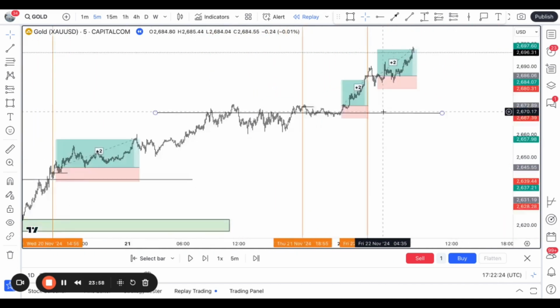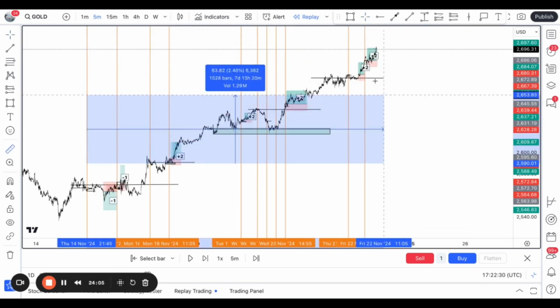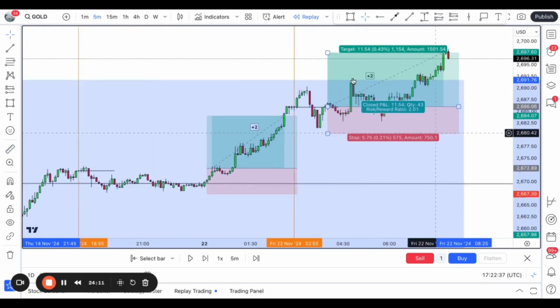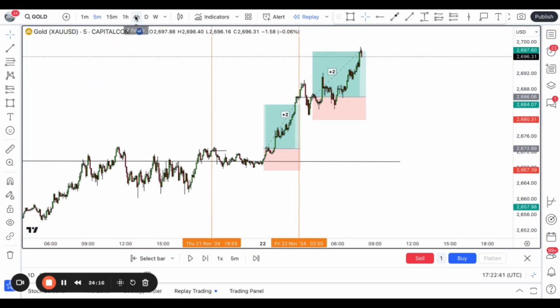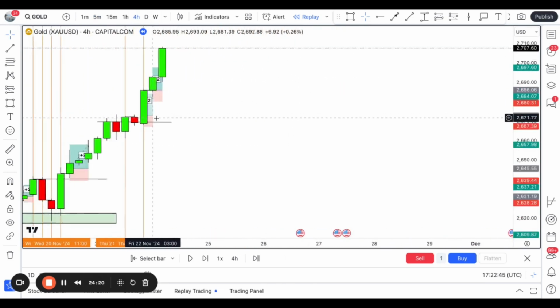Now, you could have passed your challenge, depending on which prop firm you are using. You could have passed your challenge using this strategy within 7 days and 10 hours, using this strategy in November. All right? That's how you could have passed your challenge.